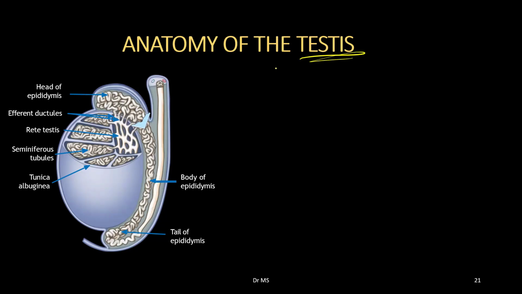Each testis has about 250 compartments. Those 250 compartments we call the testicular lobules. Clear?